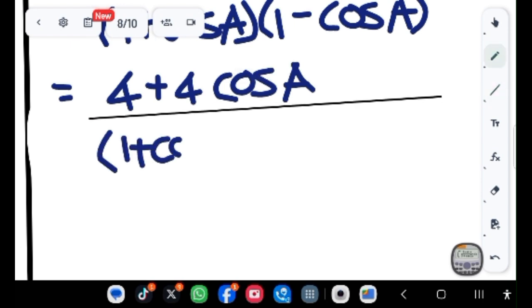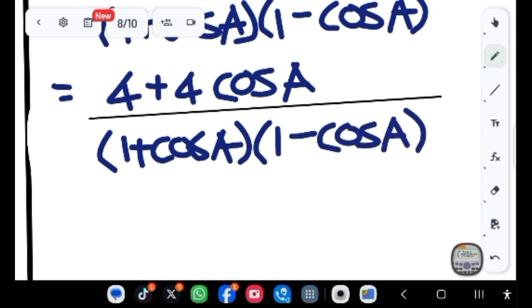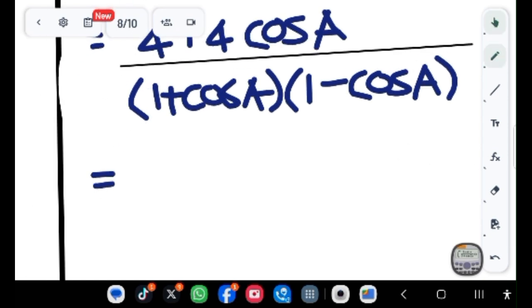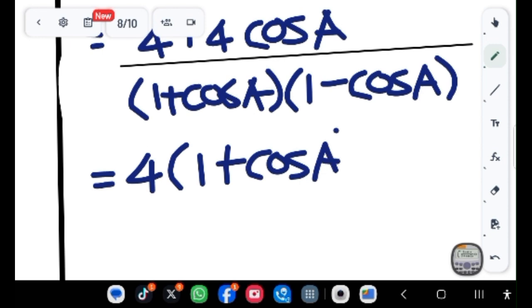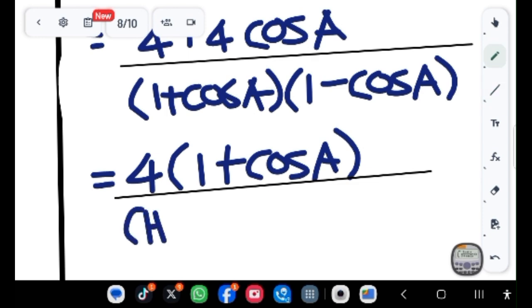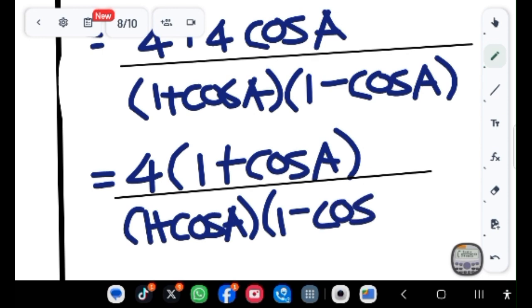1 plus cos of A times 1 minus cos of A, which is equal to, take out a common factor at the top, that's 4, leaves us with 1 plus cos of A, which you then simplify by cancelling out with the 1 plus cos of A at the bottom, and that's how you end up with the answer.